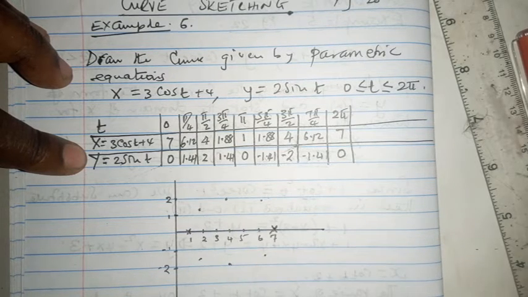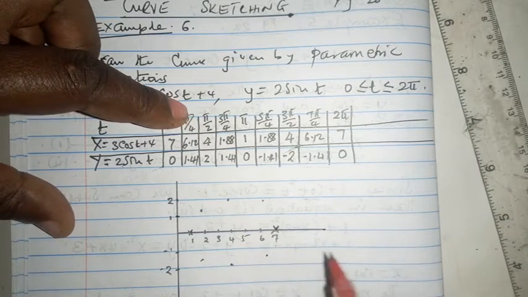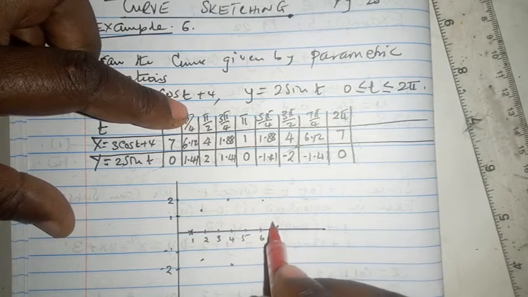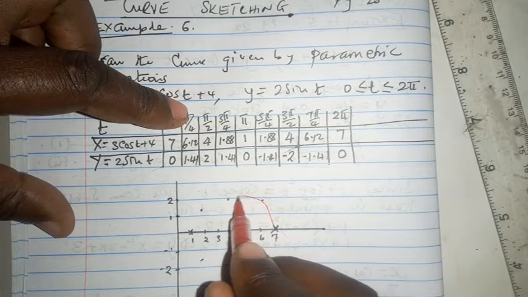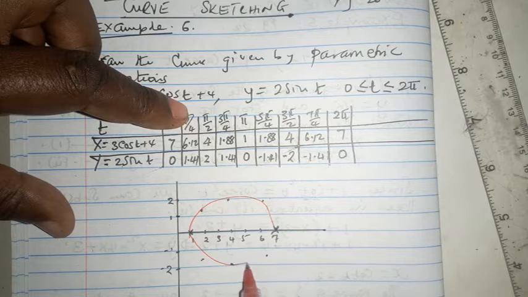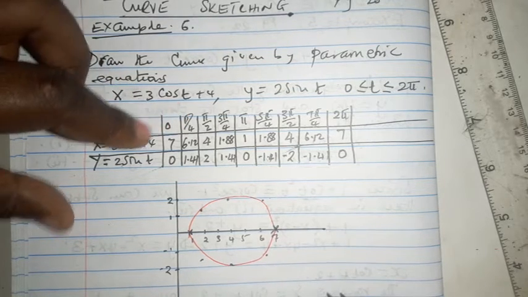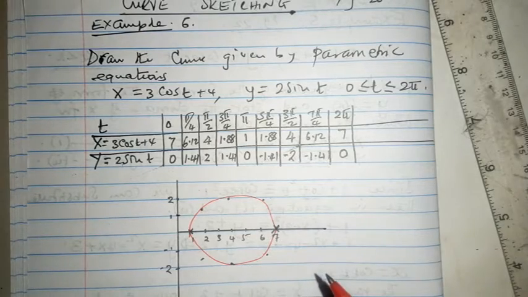So at the end of the day, you are likely to get a curve that looks like that. It is not a circle.